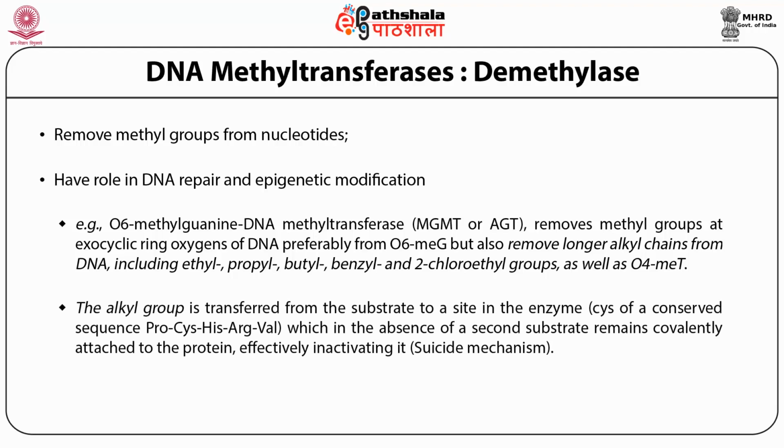The alkyl group is transferred from the substrate, which is the DNA, to a site in the enzyme, usually a cysteine residue of a conserved sequence proline, cysteine, histidine, arginine, valine in the enzyme, which in the absence of a second substrate remains covalently attached to the protein. Thus, these enzymes work on a suicide mechanism.